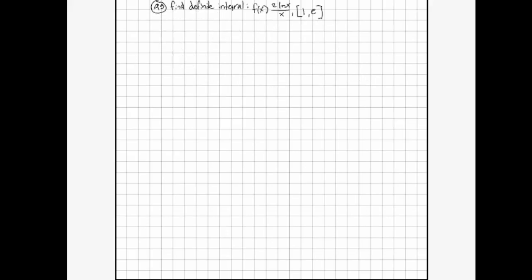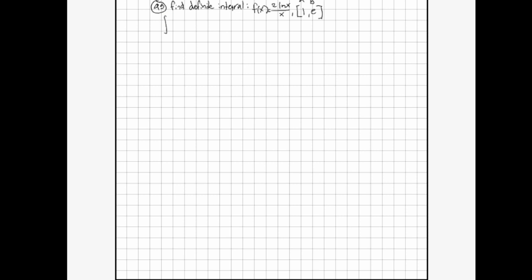Alright, so for the final problem, 95, it asks me to find the definite integral of f of x equals 2x ln x over x for the interval 1 to e. So the first thing I do, I know since this is interval 1 to e, e's b and 1's a.